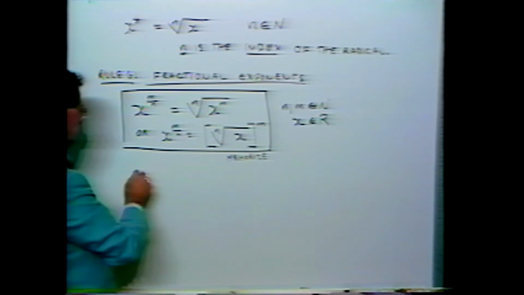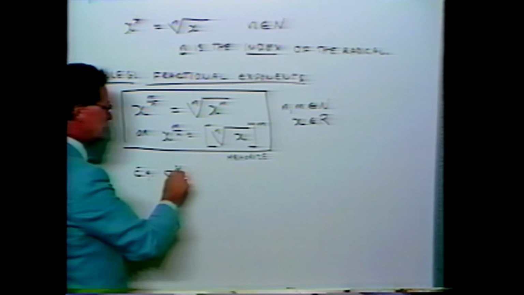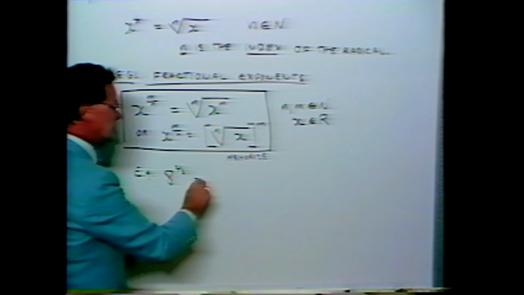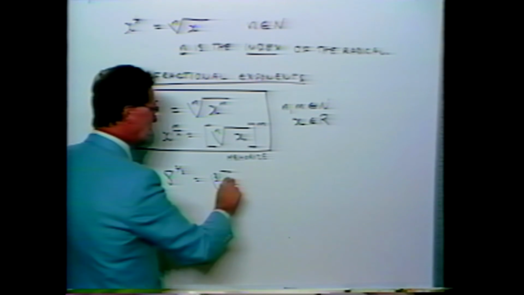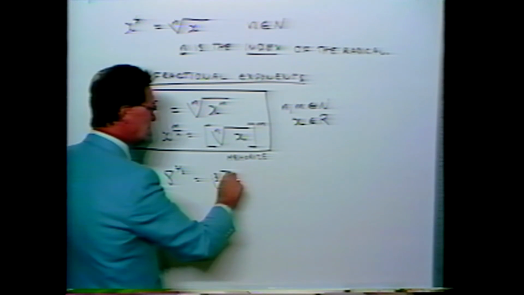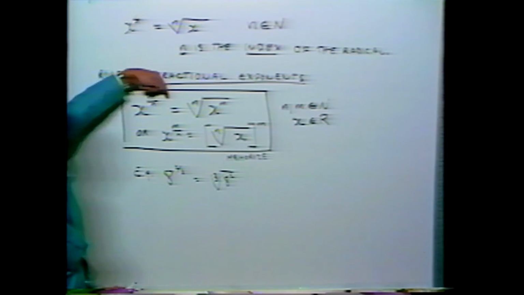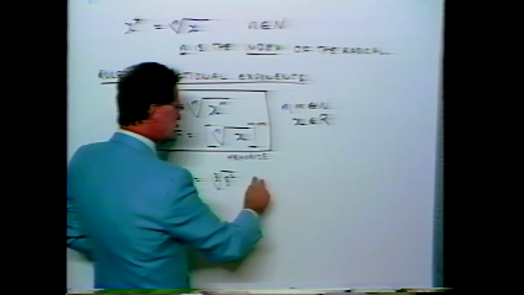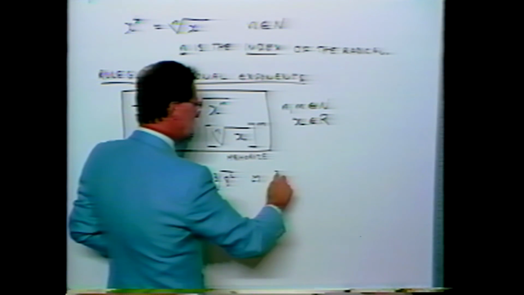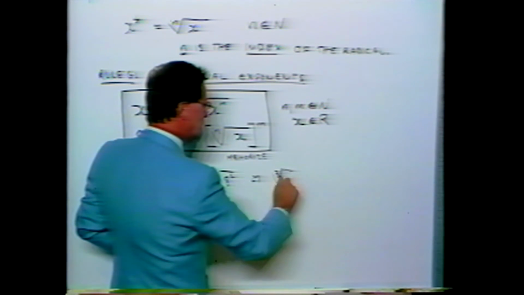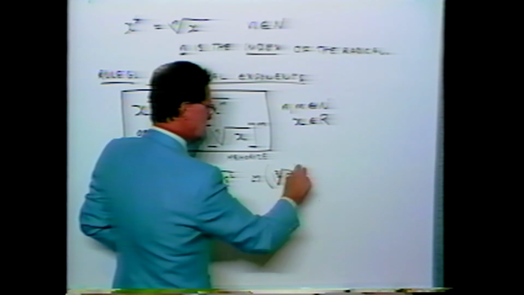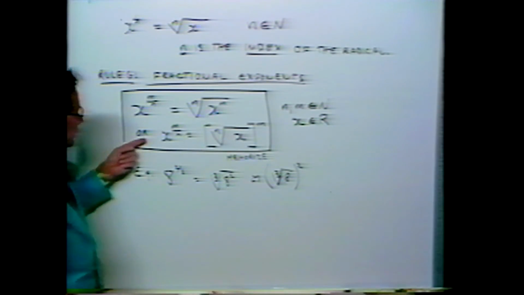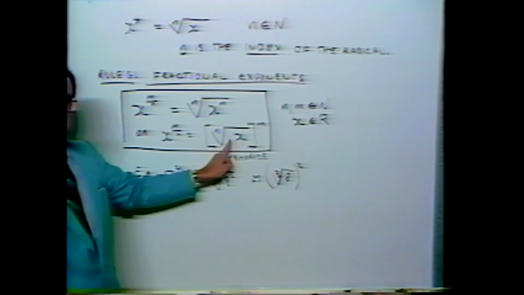For example, 8 to the 2/3 is equal to either the cube root of 8 squared, which is this interpretation, or it can be written as the cube root of 8 quantity squared, as indicated by this alternative.